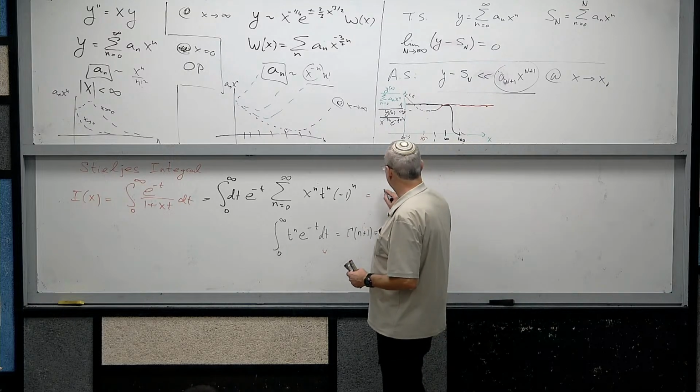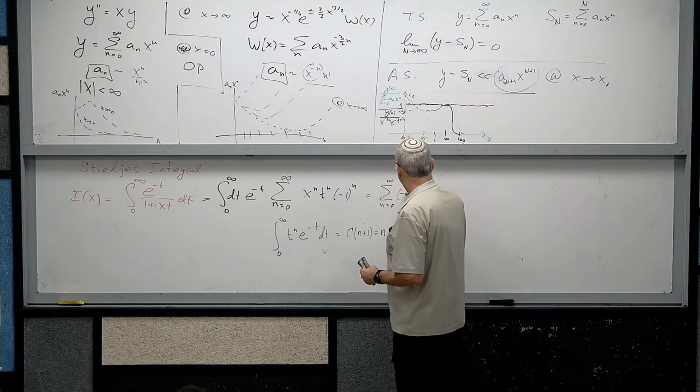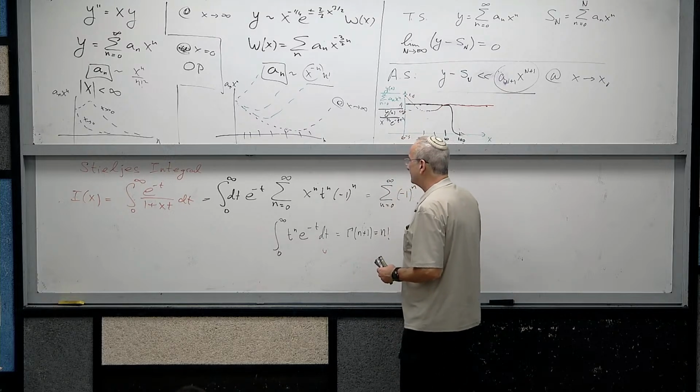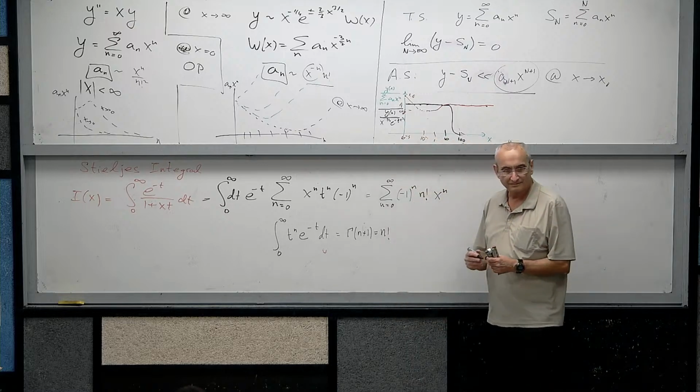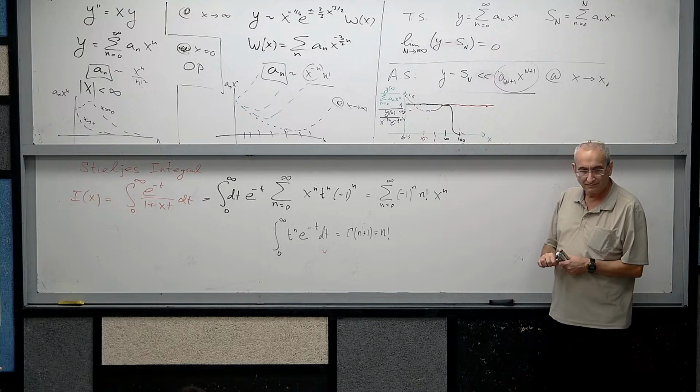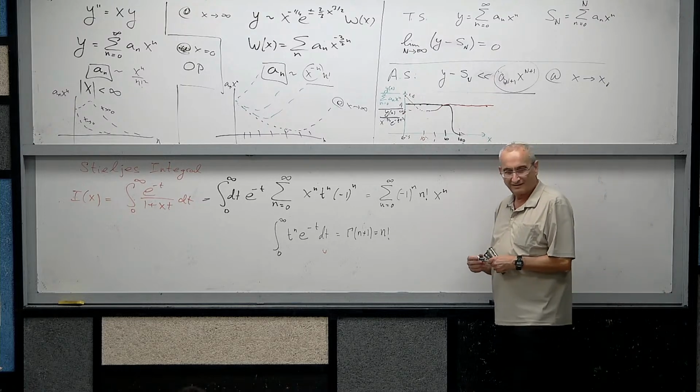So this is the sum from n equals 0 to infinity of minus 1 to the power of n times n factorial times x to the n. And now you see what has happened.